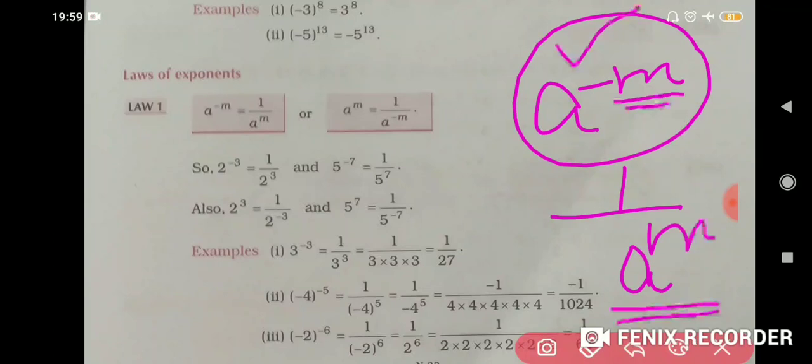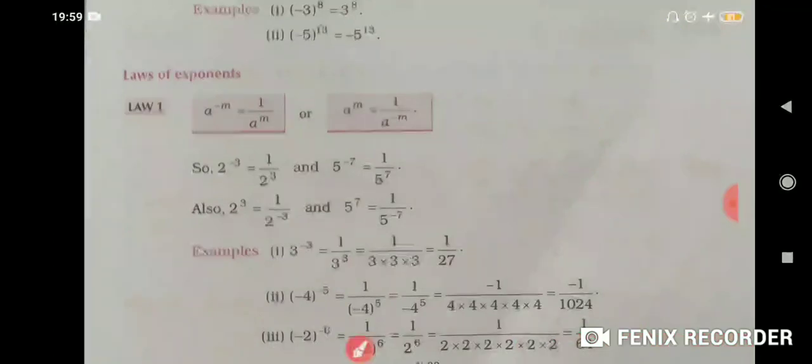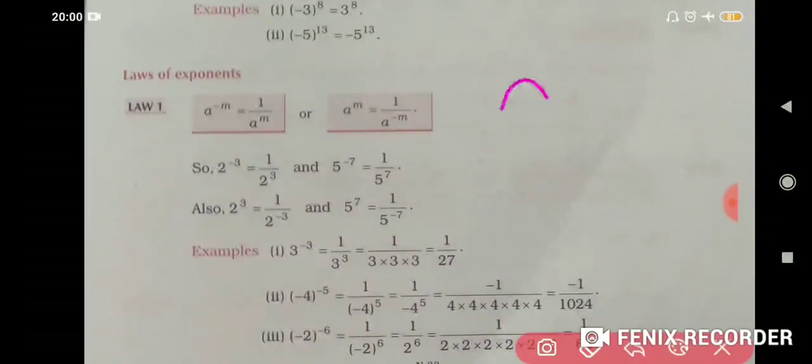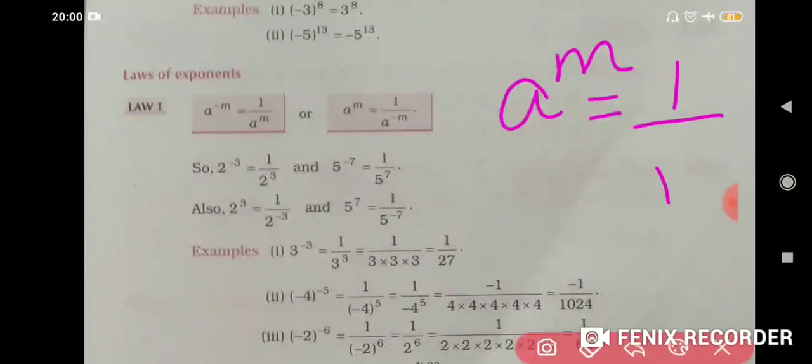So the power will become positive. a to the power minus m equals 1 upon a to the power m. Or if the power is positive, for example a to the power m, then if I do the reciprocal, the power will become negative.